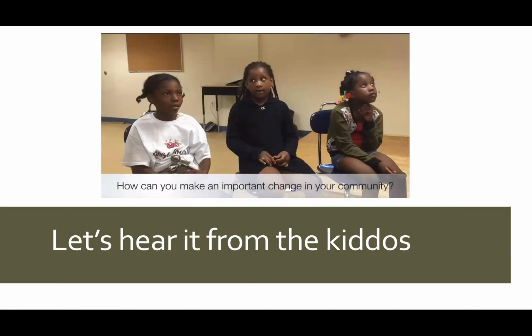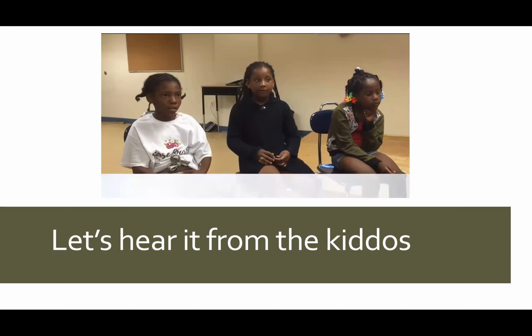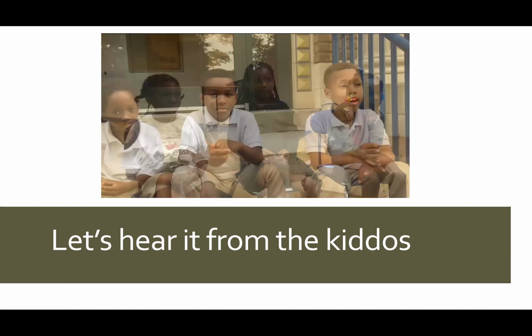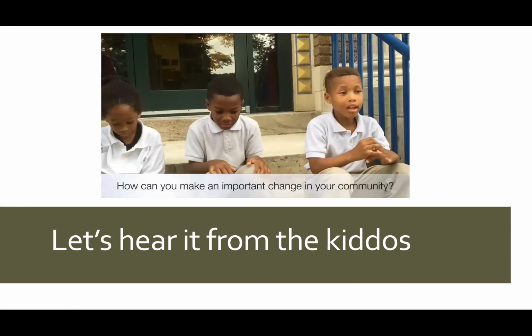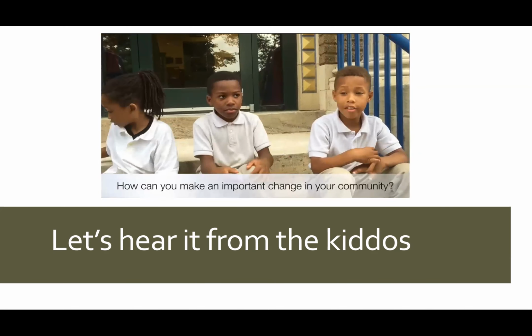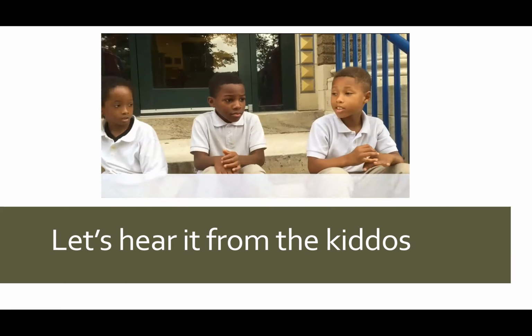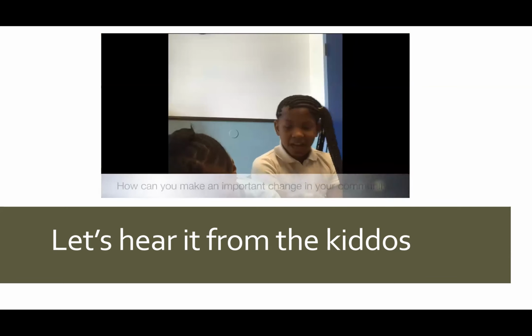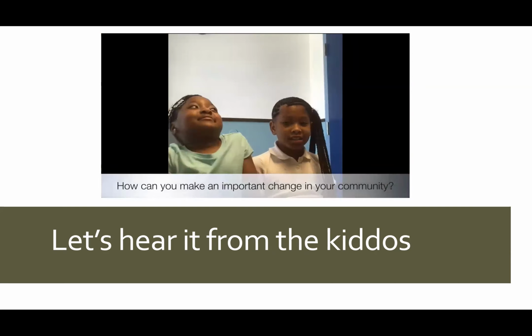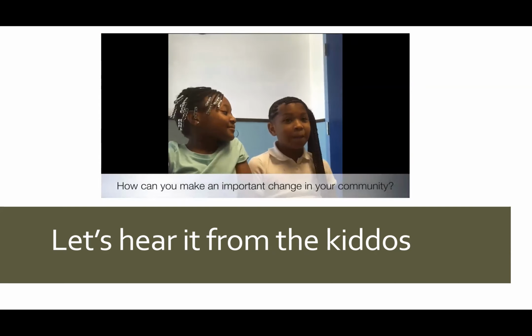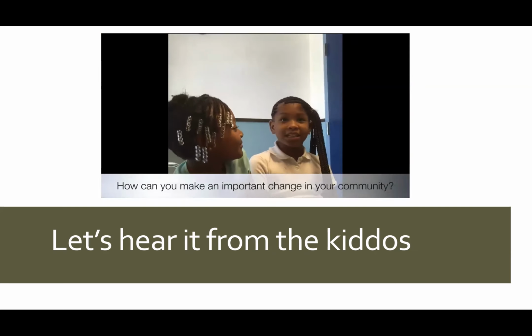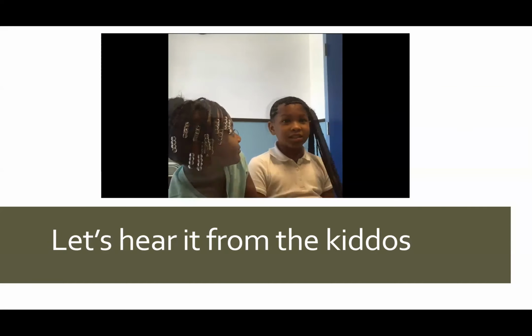People are always just throwing stuff around and never recycling. I want to fix that. People are getting killed, and I want to fix that by becoming a police officer or a secret agent. The problem I see in my community is most black men killing other black men.